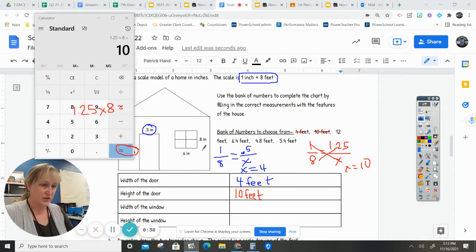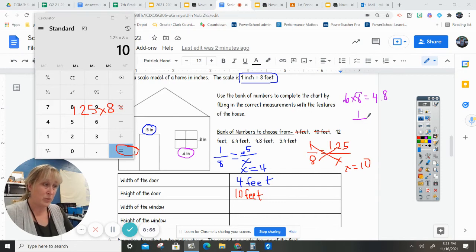All right, let's choose another color. Do the next one. Width of the window. The window is 0.6. So again, I think I can do 0.6 times 8. Use my calculator, but I don't need to. It's 4.8.